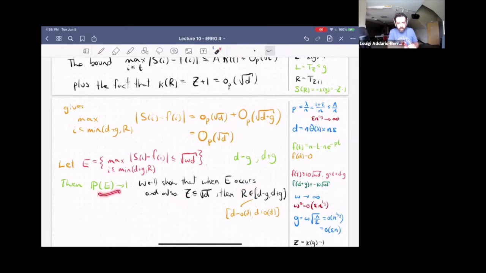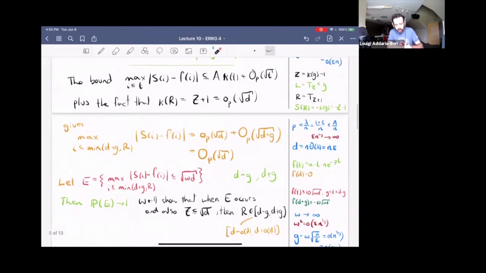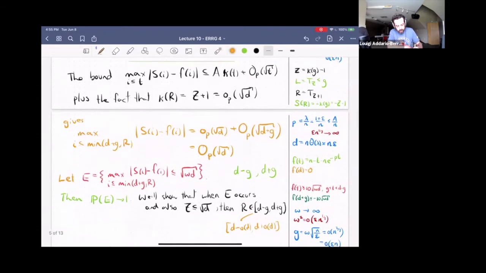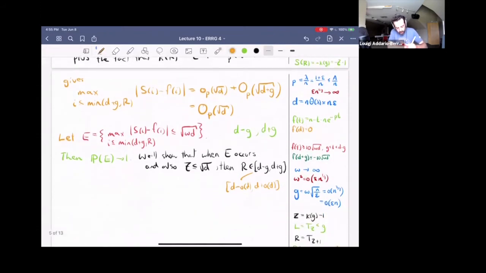Okay, so the probability of E tends to 1, and the probability that Z is at most root d tends to 1, because we saw that Z is little o of root d in probability. So the two events I've written in black here both have probability tending to 1. So this proves that R over d, which is R over n theta, converges in probability to 1.